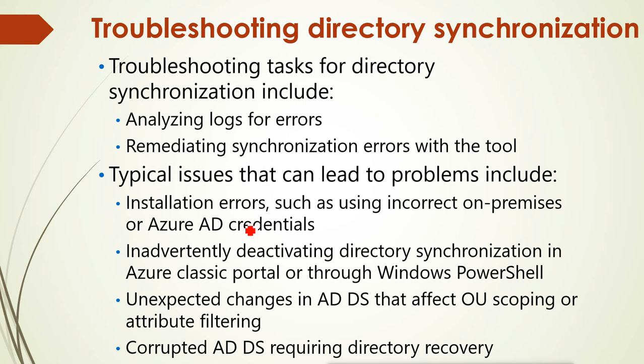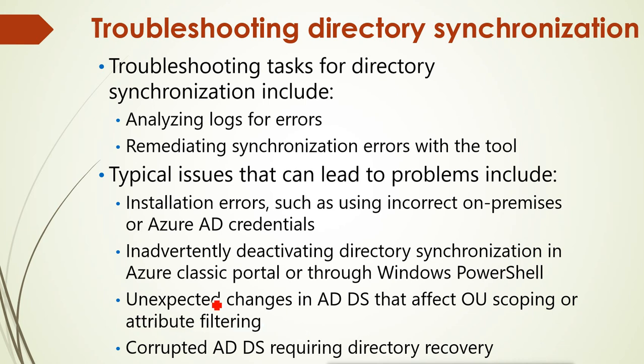If we have used the wrong credentials, that can cause problems. Another issue is inadvertently deactivating directory synchronization in the Azure Classic Portal or through Windows PowerShell. Or mistakenly, you go to the Azure AD portal and disable the synchronization, or from PowerShell you run some command which disables it. Another issue is unexpected changes in ADDS that affect OU scoping or attribute filtering.